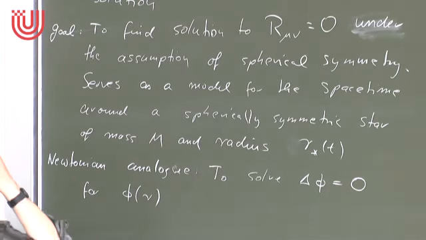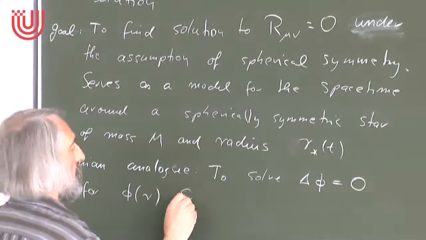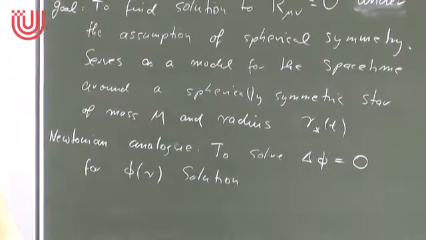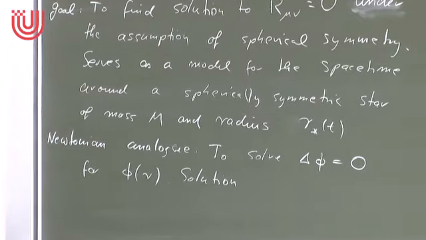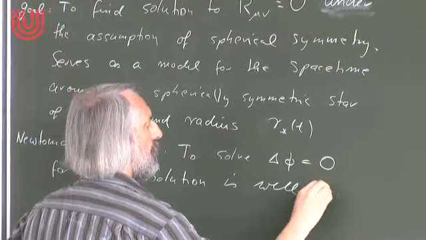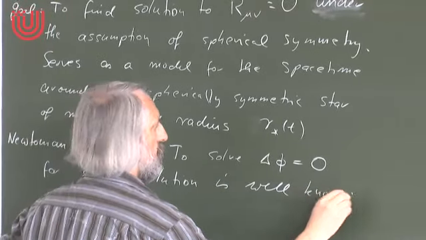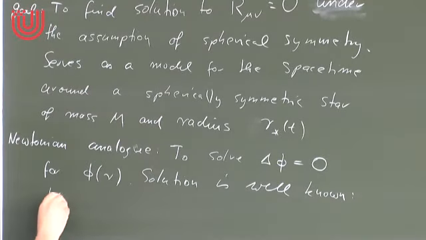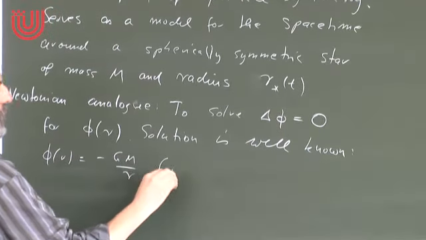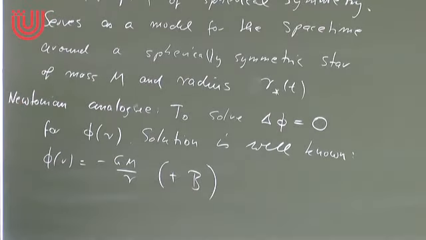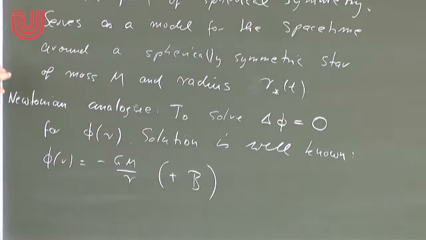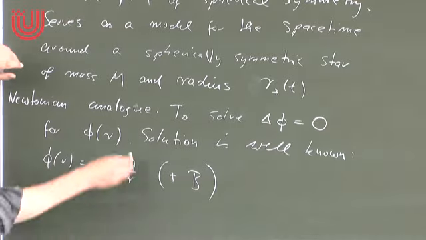And of course we know the solution. So actually we talked about this last Friday for the more general case where we had a cosmological constant. The solution is well known. The Newtonian solution, it's of course phi of r is minus GM over r. And if you like, you could add an integration constant, but that's irrelevant because only the gradient of phi has a physical meaning. So that's the solution.